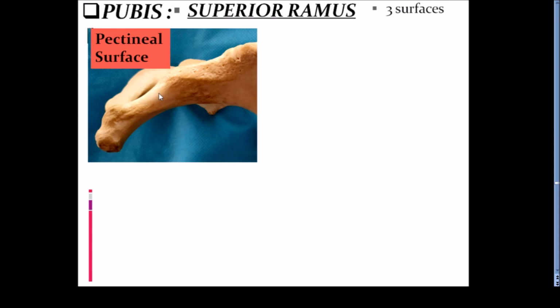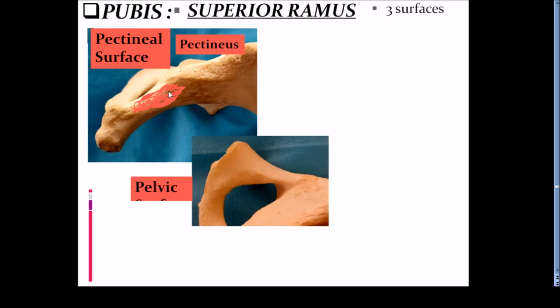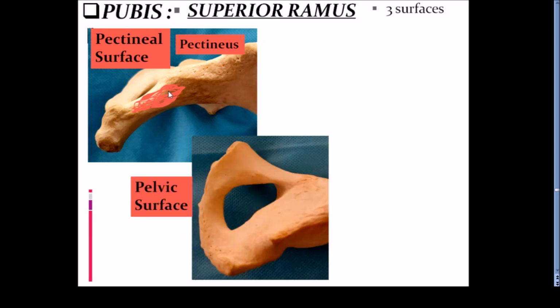This pectineal surface lies between the anterior border and the superior border. This is the superior border and this is the anterior border. So between these two borders is the triangular pectineal surface, and this surface gives origin to the pectineus muscle.